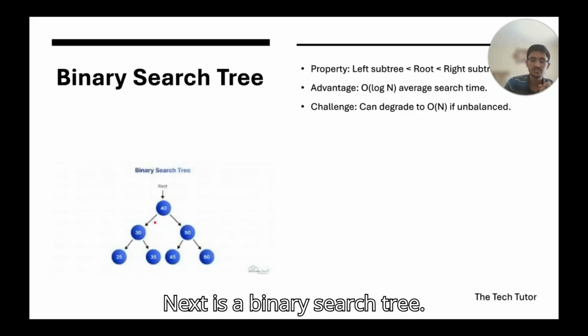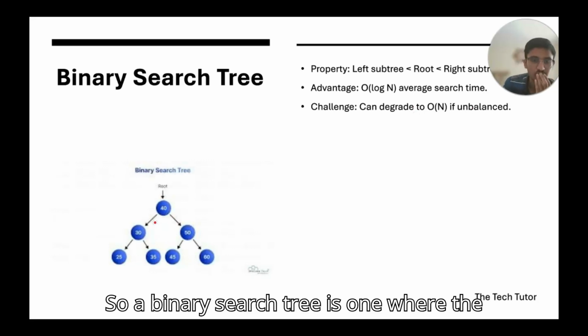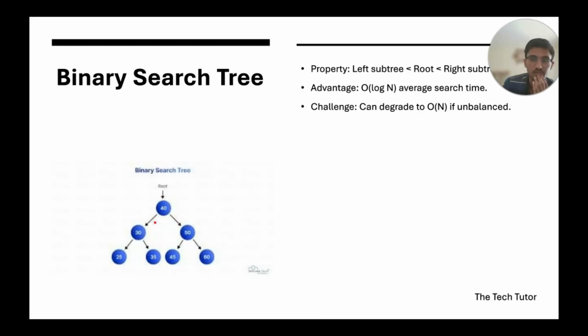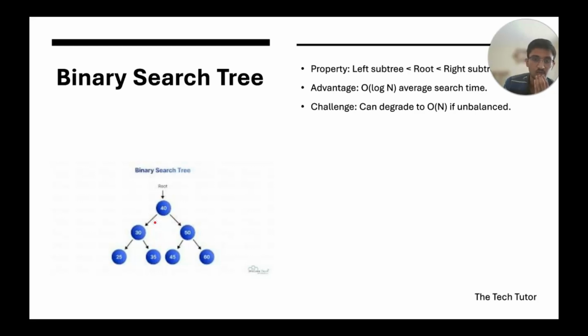Next is a binary search tree. A binary search tree is one where the left subtree nodes are lesser than the root, and the root is lesser than the right subtree nodes.